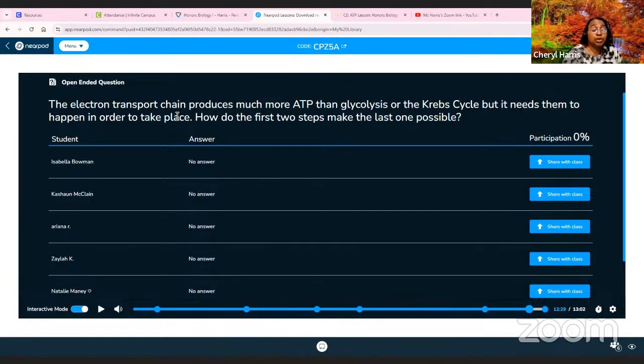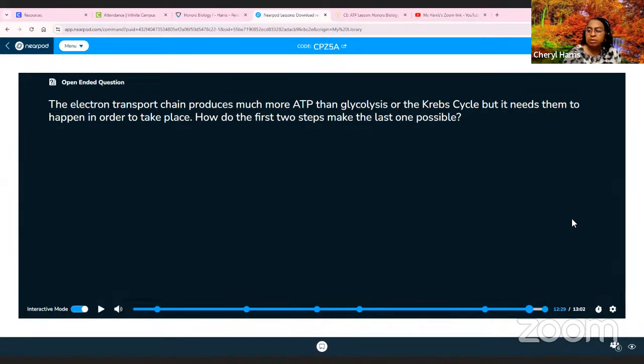The electron transport chain produces much more ATP than glycolysis or the Krebs cycle, but it needs them to happen in order to take place. How do the first two steps make the last one possible? So I'm going to take this out and give you a chance to answer that question.